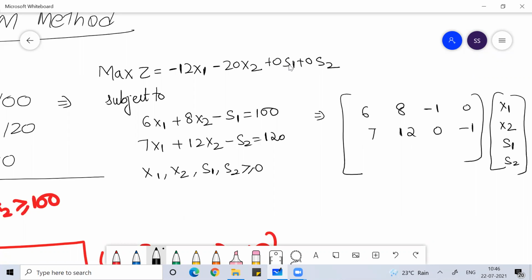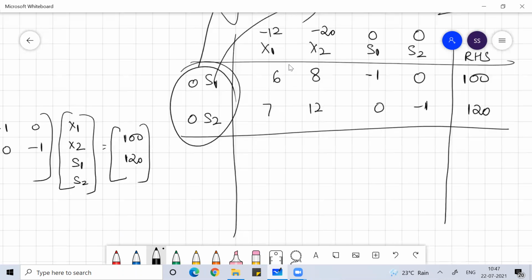But we cannot use the dummy variable here the way we solve with less than or equal to, because these dummy variables are basically negative slack variables. So with the negative slack variable, we cannot initiate solving the iteration table.